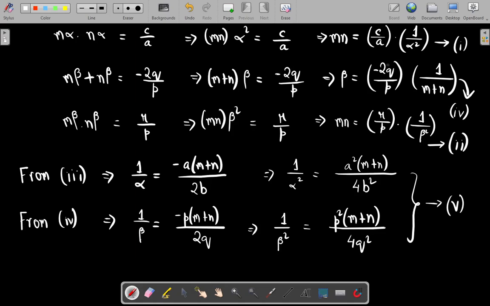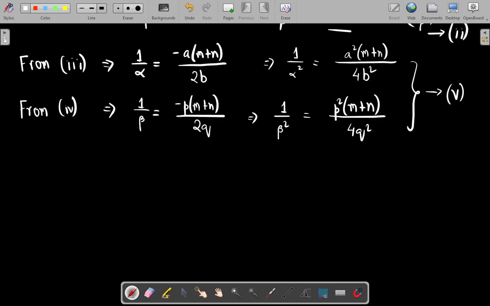Now in equation 1 and equation 2, the left hand side is equal, both have mn in the left hand side. So I can equate 1 and 2.